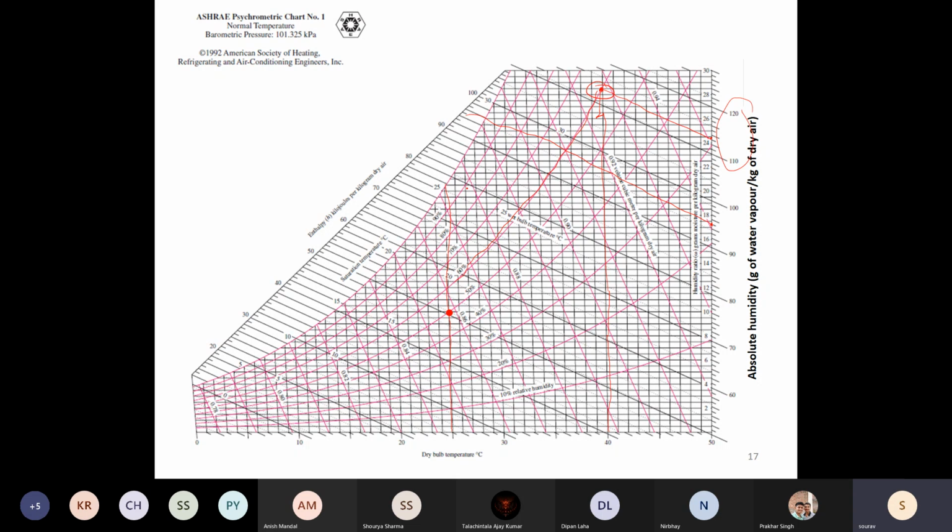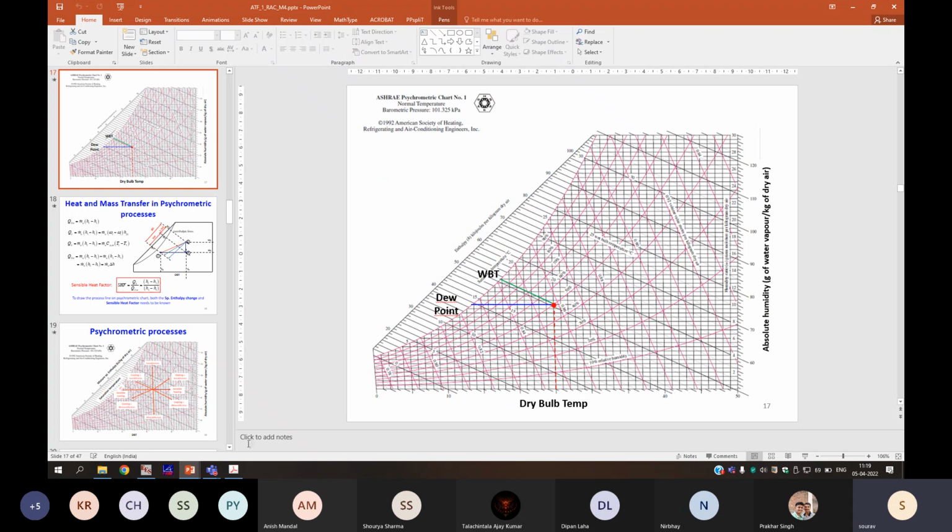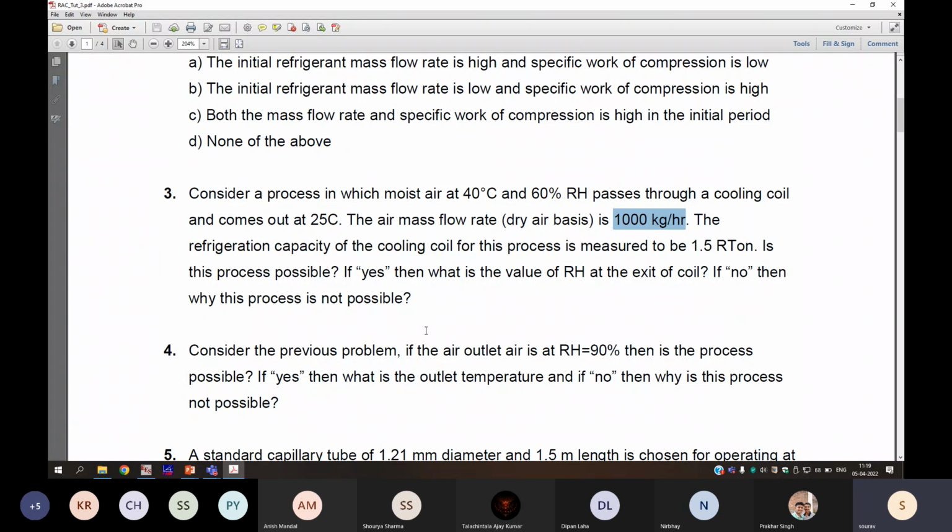So in order to cool to 25, you will have to expend this much amount of energy. So with 1.5 R ton, you will not get 25 degree C as the outlet air. Yeah, I think this is clear. So once you make the state points, you will be able to decipher if this process is possible or not possible.